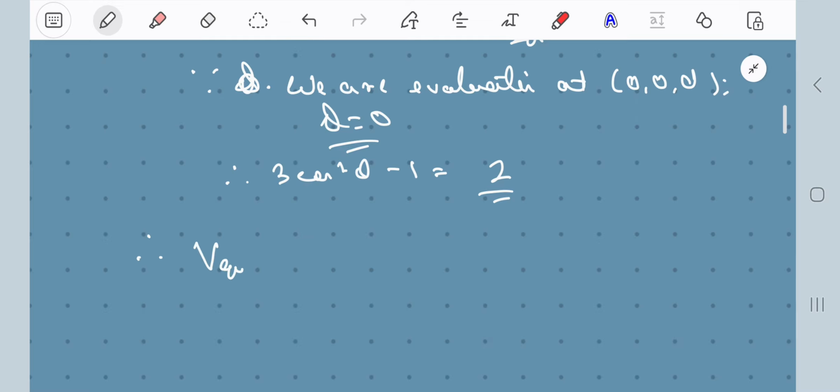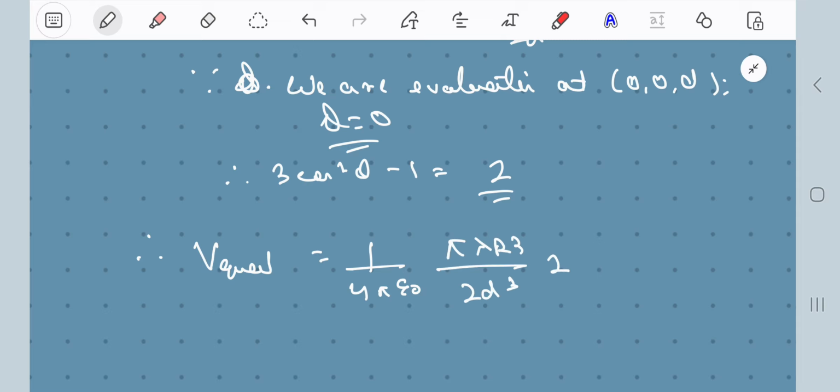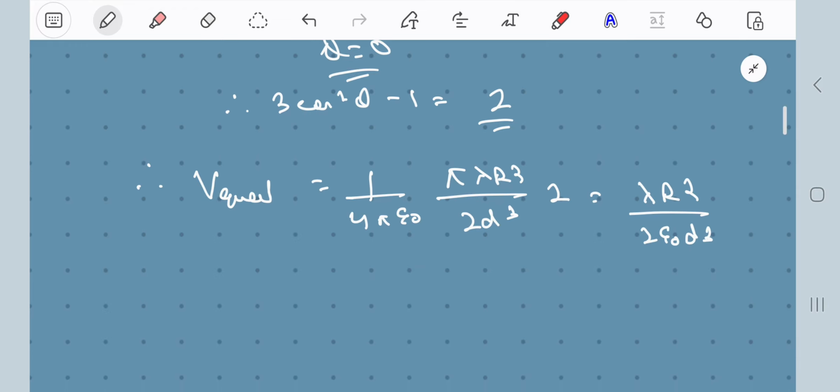Therefore, my V quad is coming out to be 1 upon 4 pi epsilon naught. Qzz was pi lambda r cube. Here is 2d cube and here is 2, right? So therefore, this is coming out to be lambda r cube by 2 epsilon naught d cube, right?